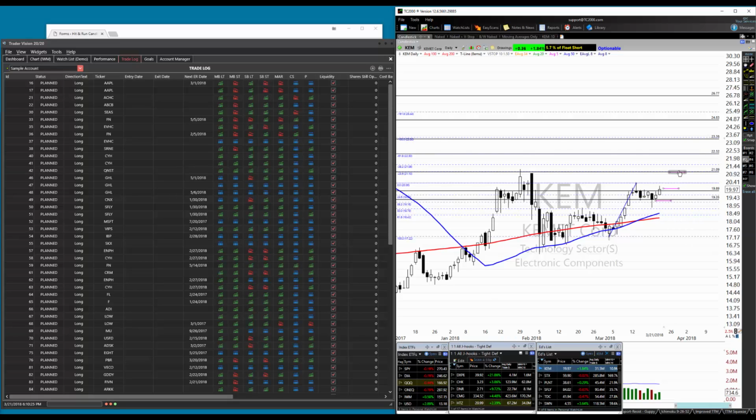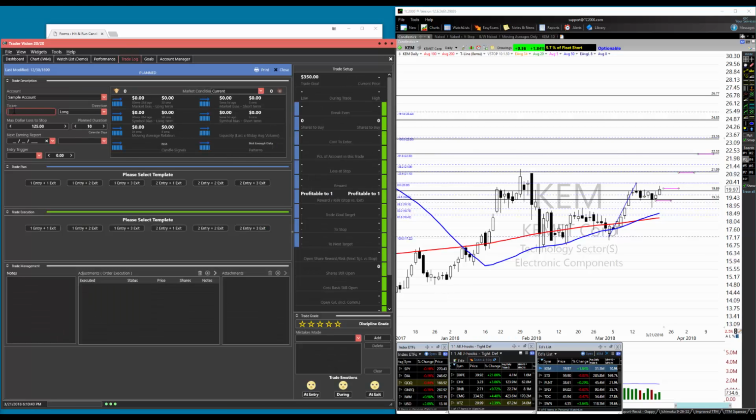And our first target's up here, and a second target up in there. Let's see if we can plan out a trade with that. KEM. It's a long trade.